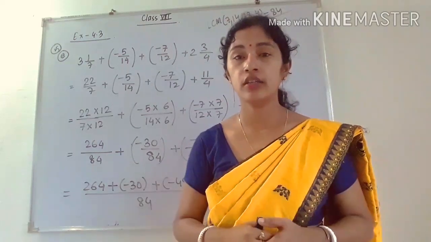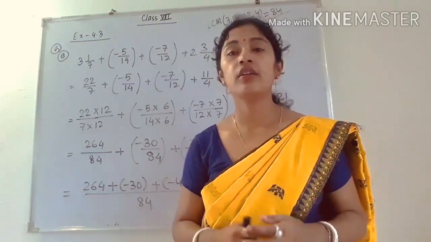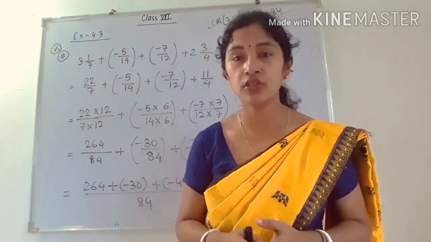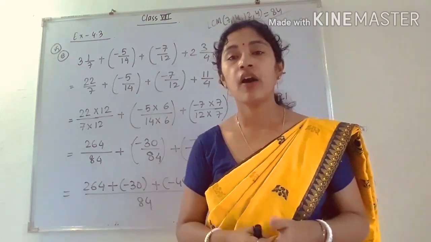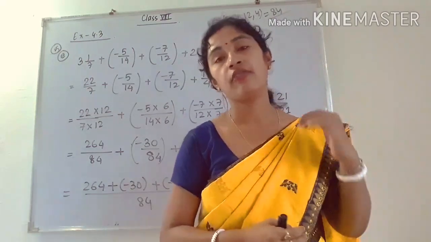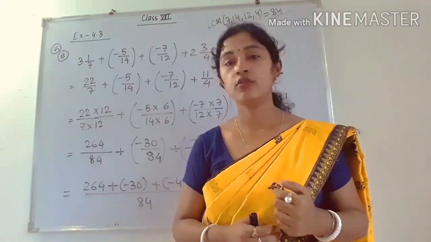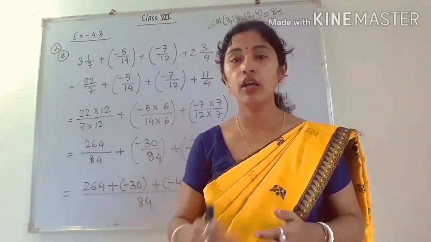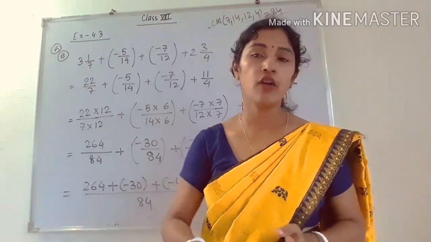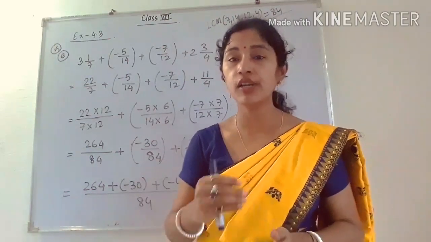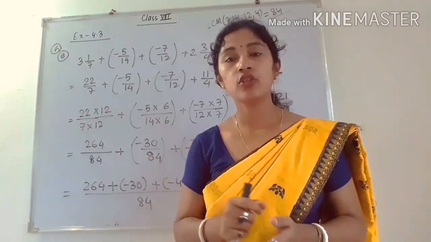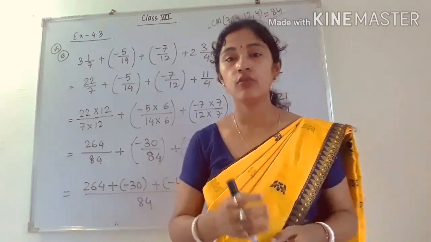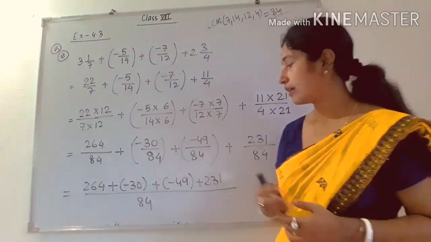Then you have to check the denominators. If the denominators are not multiples of each other, then you find the LCM. Here I have found the LCM of these four numbers as 84. Next you have to convert the denominators to 84, so you have to check which number to multiply. This will take time, but for sure if you practice now, then you can easily understand this question.